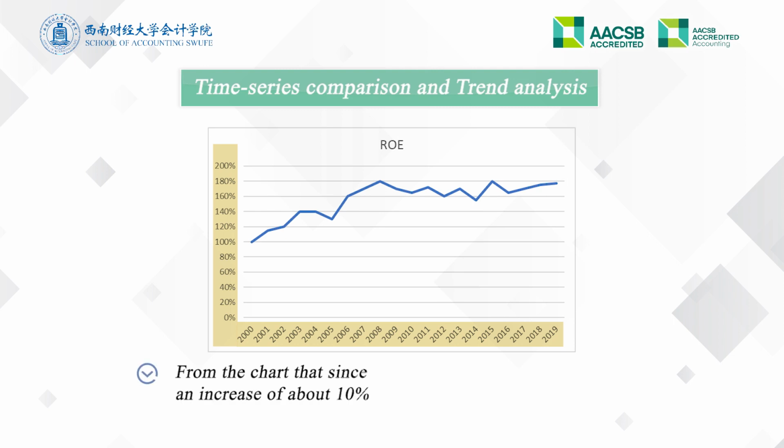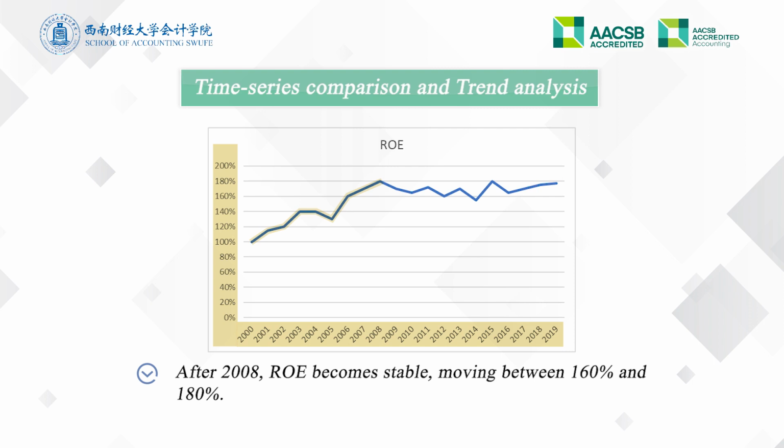We can see from the chart that since year 2000, the company's ROE shows an increase of about 10% per year until 2008. After 2008, the company's ROE becomes stable, moving between 160% and 180%.